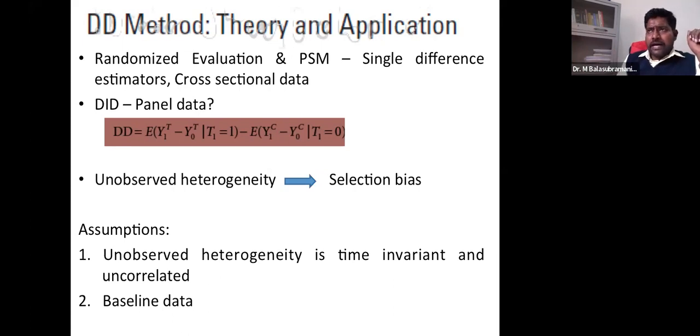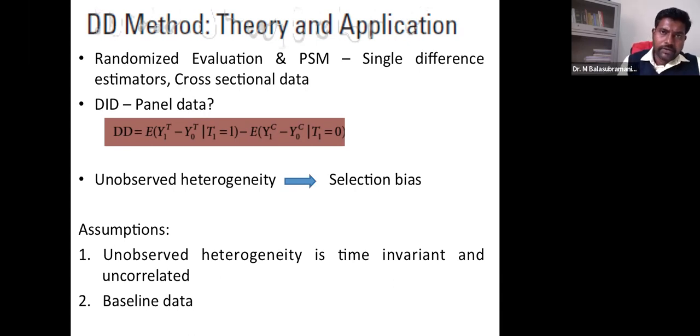As I said already for the previous two methods, particularly PSM, there might be a chance of unobserved heterogeneity. What is meant by unobserved heterogeneity? It is nothing but an unobserved difference in mean counterfactual outcomes between the treated and non-treated.